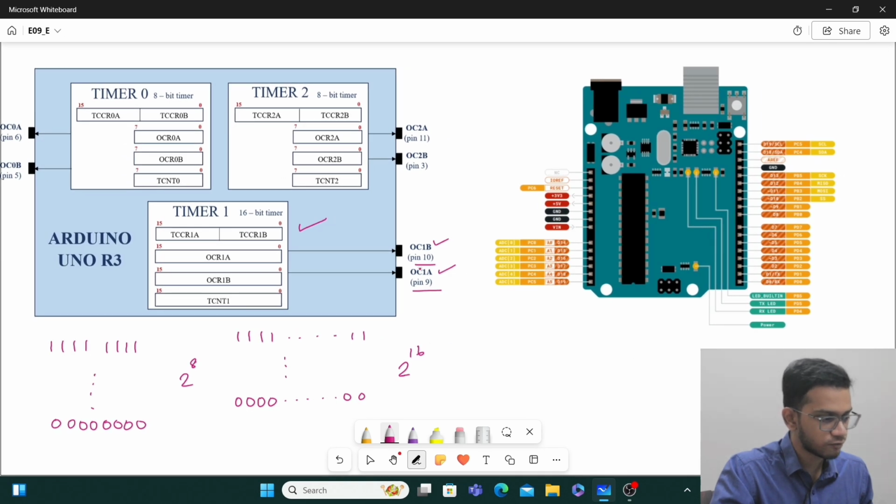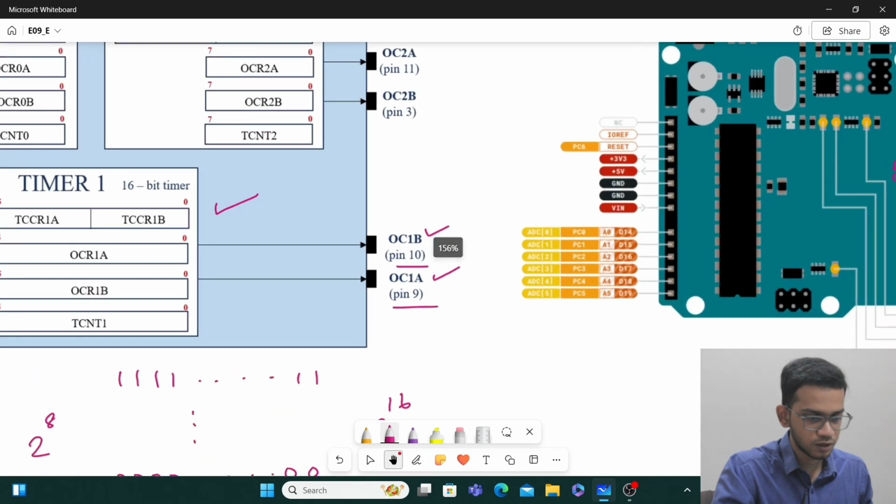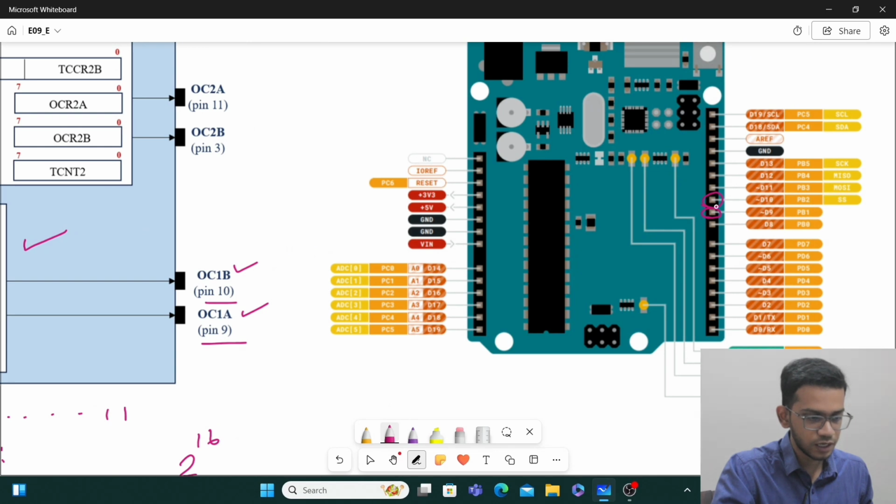So we have OC1A and B, that is pin number 9, which is here, and pin number 10, which is here. If you want to zoom, you can zoom a little bit. You can see pin 9 and pin 10 here. These are the pins from which I will take my PWM.